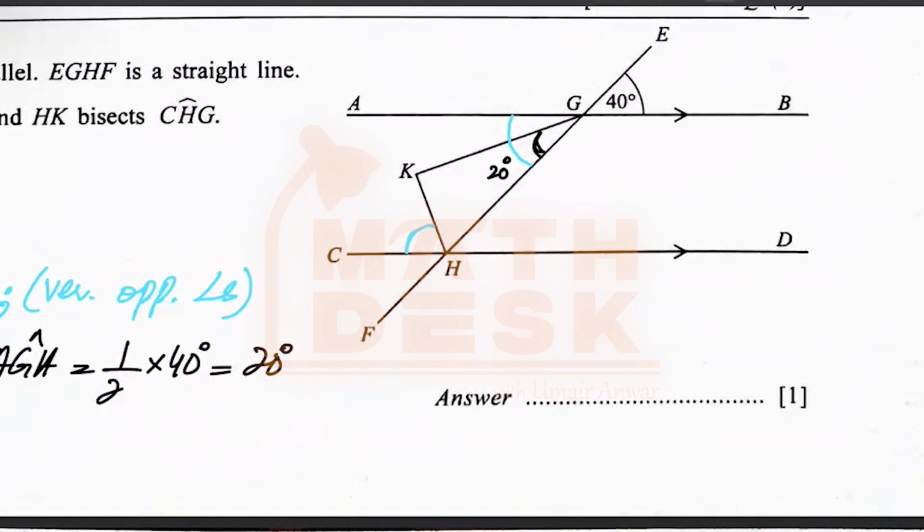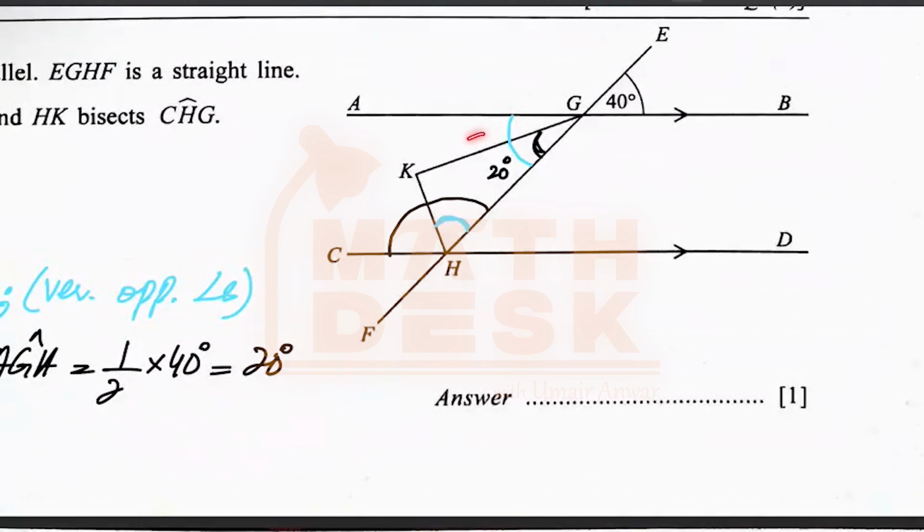We need to find it out. Now, as we can see, the whole of this angle is the interior angle of this AGH. So their sum must be equal to 180 degrees.